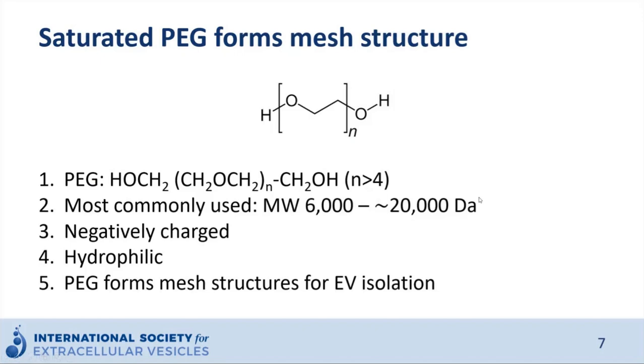According to how many ethylene glycol molecules polymerize, PEG has diversified molecular weights, while those with the molecular weight ranging from 6,000 to 20,000 Daltons are frequently used for EV precipitation.